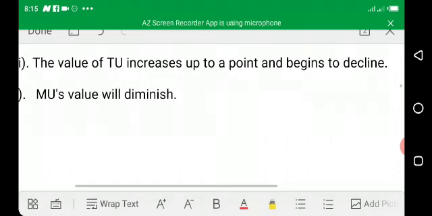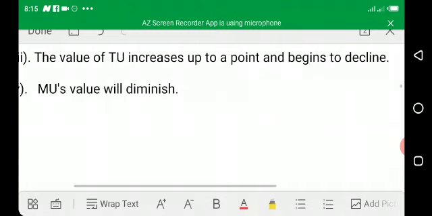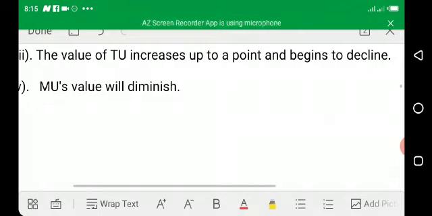And the last question says, what happens to the value of marginal utility as the quantity consumed increases? What will happen to marginal utility according to its definition is that its value will diminish.